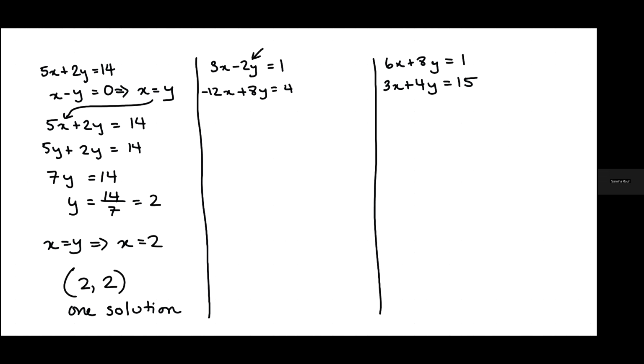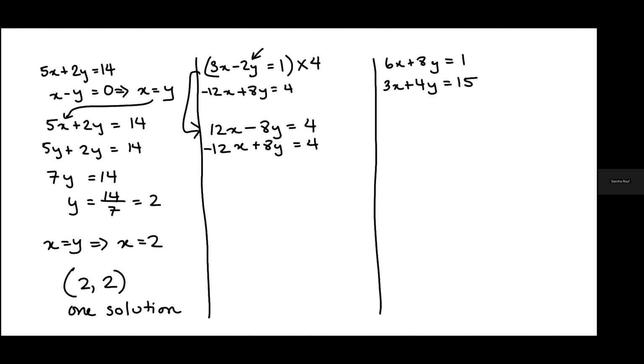So I want this to be a -8. Since it's already -2, to make it a -8, I need to multiply by 4. So I'm going to multiply the whole equation by 4. The first equation gets readjusted to 12x minus 8y equals 4. Okay, so below it, I'm going to write the second equation, which was -12x plus 8y equals 4.